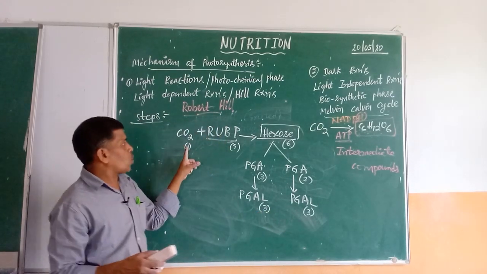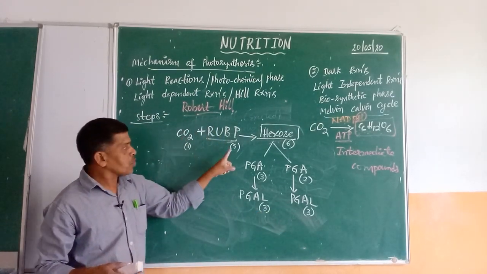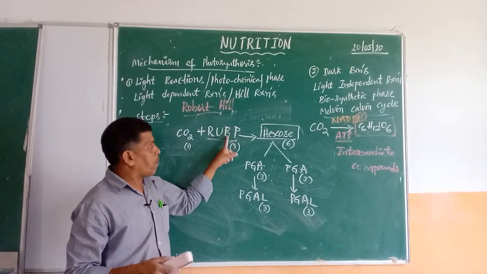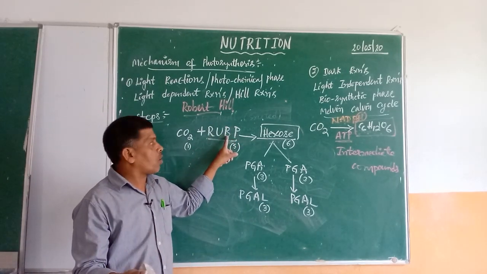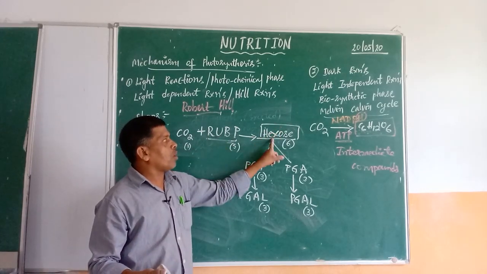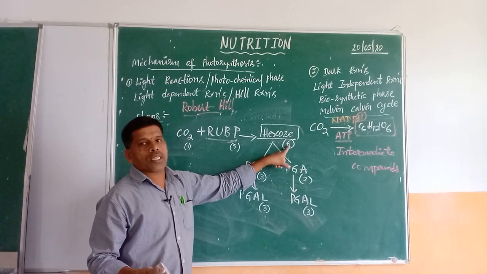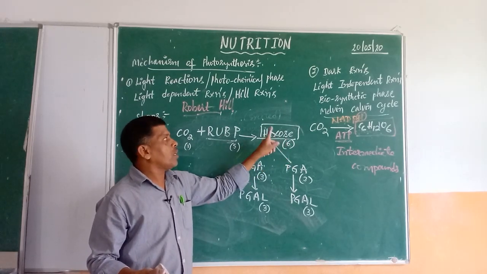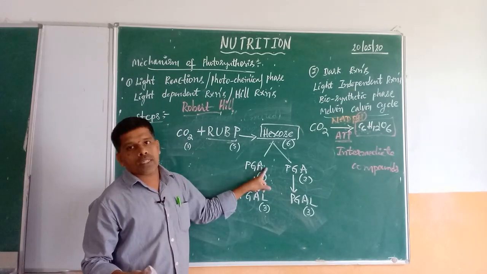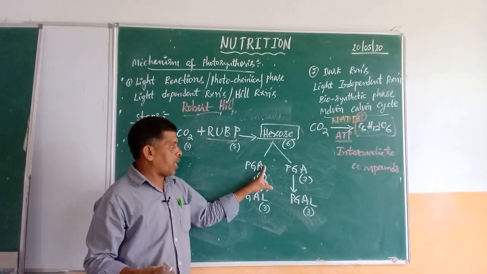Once again, here 1 carbon from carbon dioxide, 5 carbons from RuBP, ribulose bisphosphate, or biphosphate or diphosphate, we can call it. They combine to form one unstable molecule called hexose, which contains 6 carbons, and this hexose molecule splits into 2 molecules of phosphoglyceric acid, PGA.